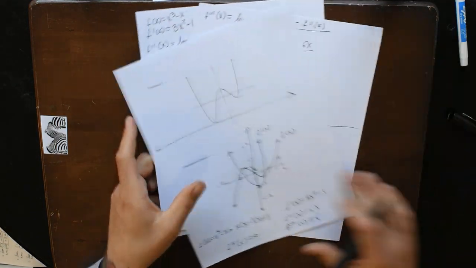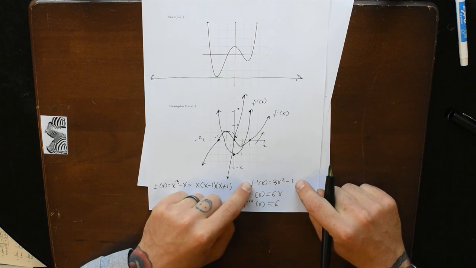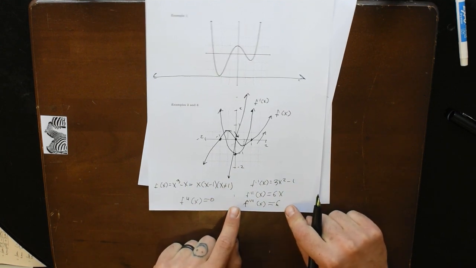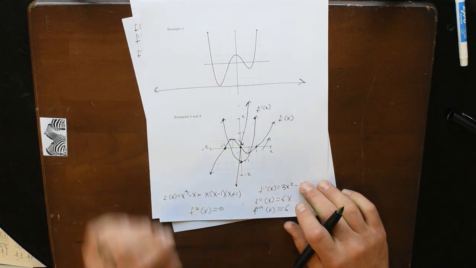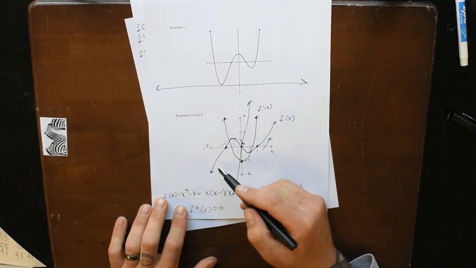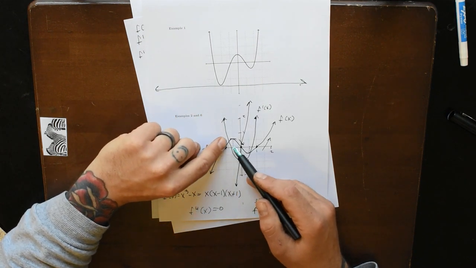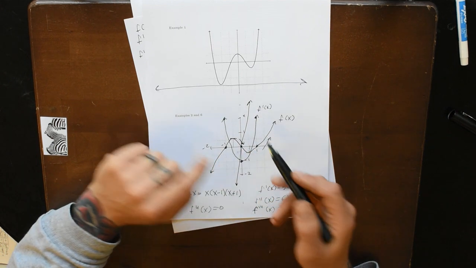So analyzing what all of that means. We've got a function, we've got its rate of change, we've got the rate of change of the rate of change, and the pattern continues up to the fourth. In our original, wherever our function was increasing, our derivative was positive, and wherever our function was decreasing, our derivative was negative.